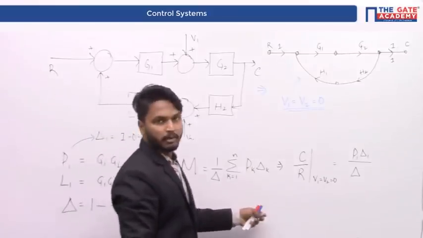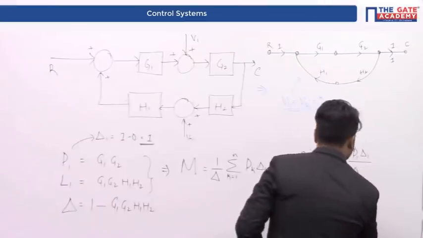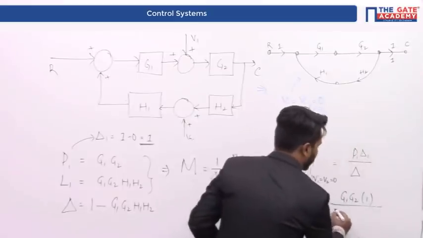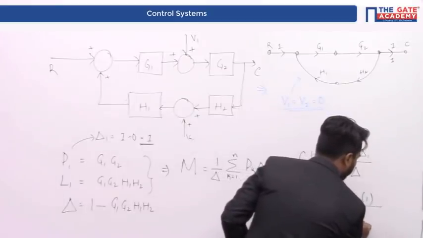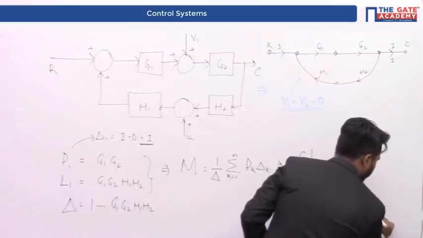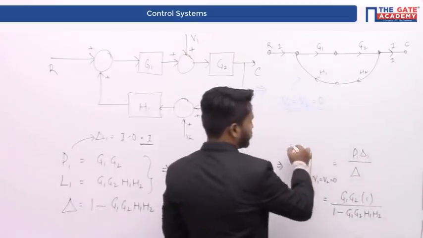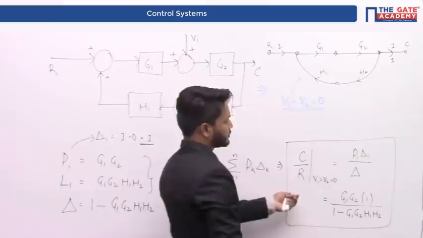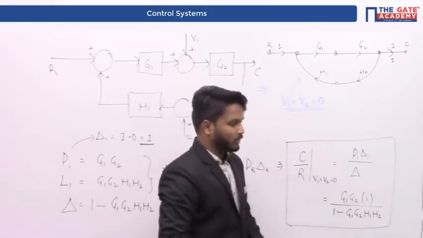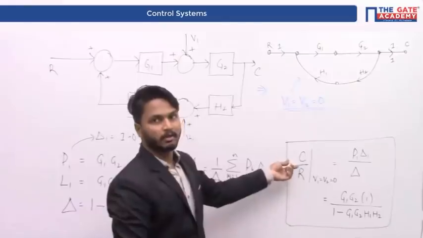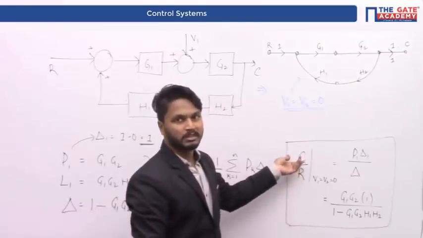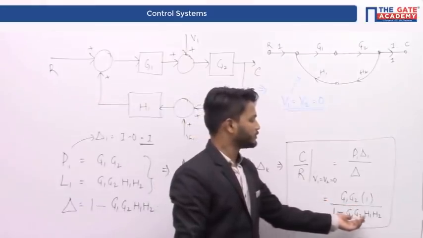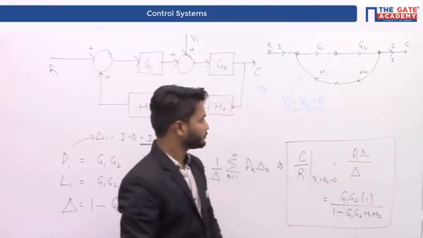Therefore, P1 delta 1 by delta is equal to G1, G2 multiplied by 1, since delta 1 is 1, and by delta it is 1 minus G1, G2, H1, H2. This is the overall transfer function C by R when V1 is equal to V2 is equal to 0. Therefore, if you want to calculate the output when only input R is present, output C will be equal to R multiplied by the transfer function G1, G2 upon 1 minus G1, G2, H1, H2. We have seen it earlier also, right?